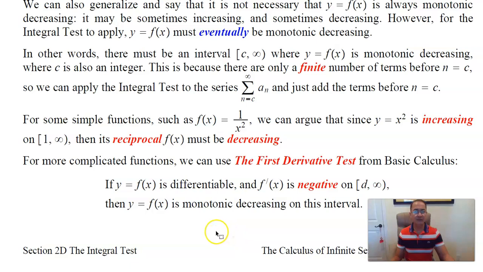But if you don't have such a nice function, you can always appeal to the first derivative test to find out where your function is decreasing, if eventually it's going to be decreasing. Take the first derivative. If the first derivative is negative on some interval from d to infinity, then your function is monotonic decreasing on this interval.